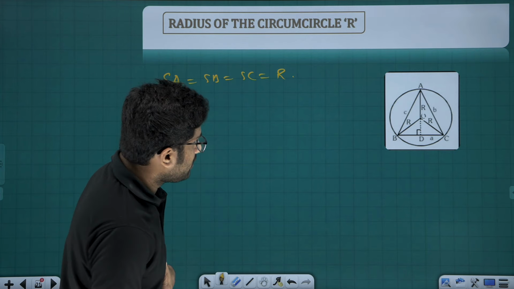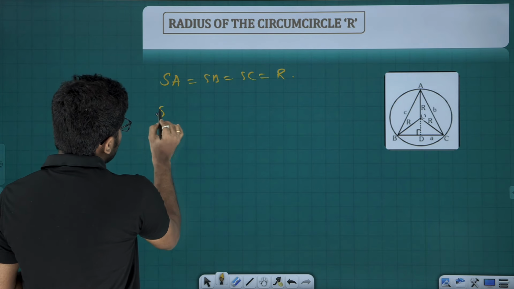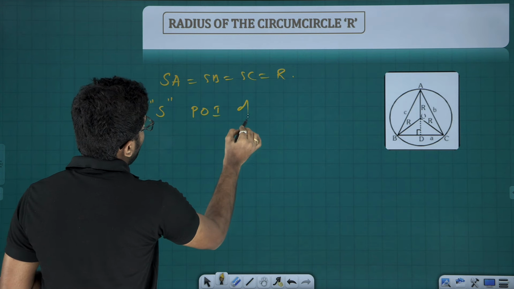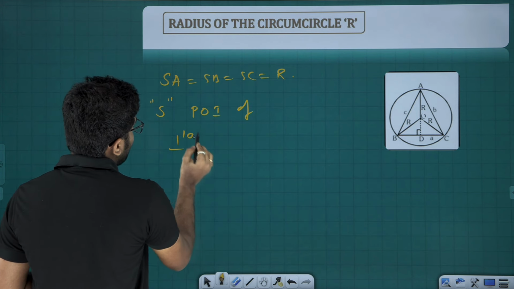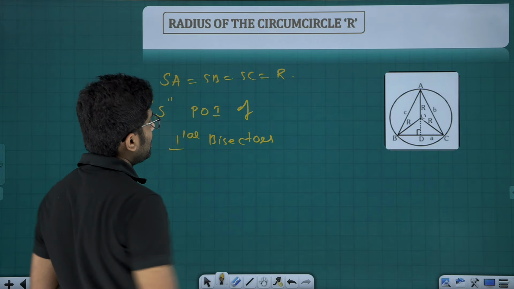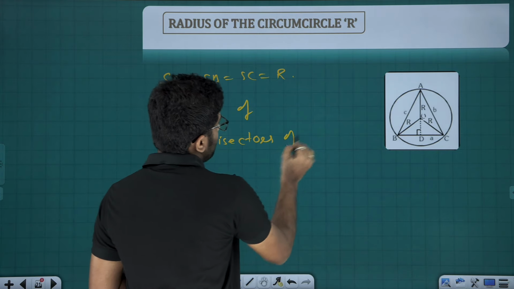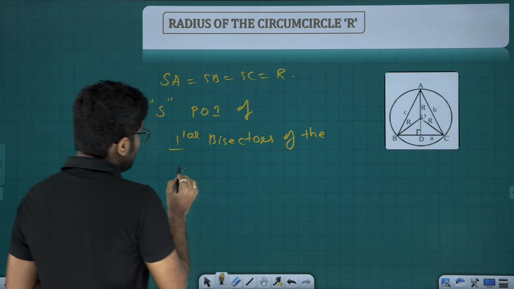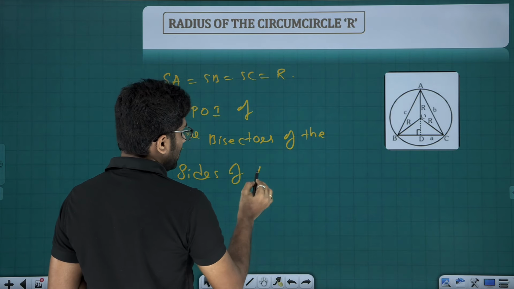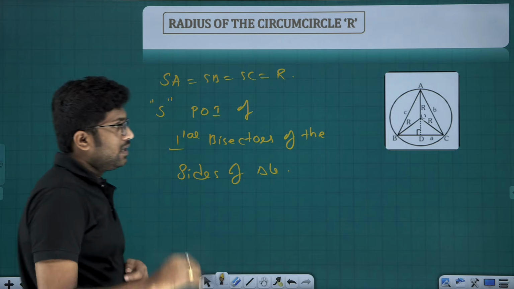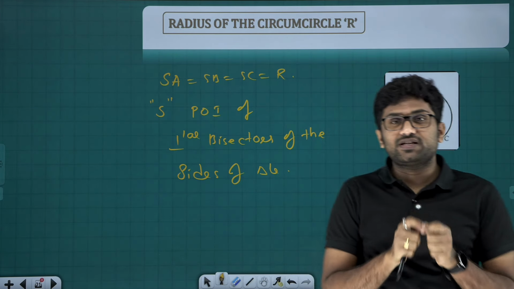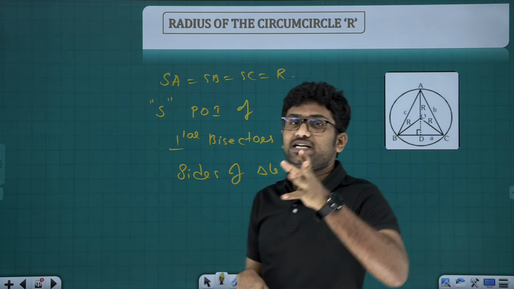Next, what else can we say? This S, the circumcenter, is the point of intersection of perpendicular bisectors of the sides of the triangle.